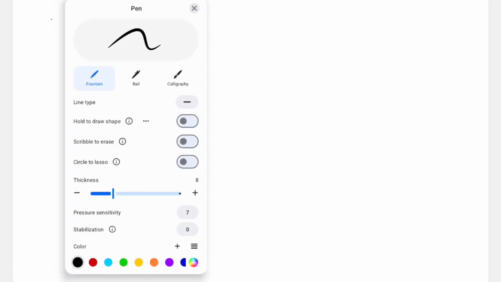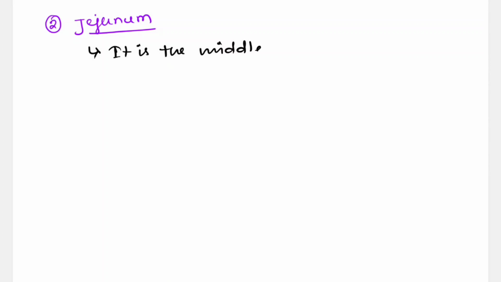So next we will go for the next part, that is called the jejunum. In that, the first point is it is the middle part, approximately 2.5, sorry, meters.